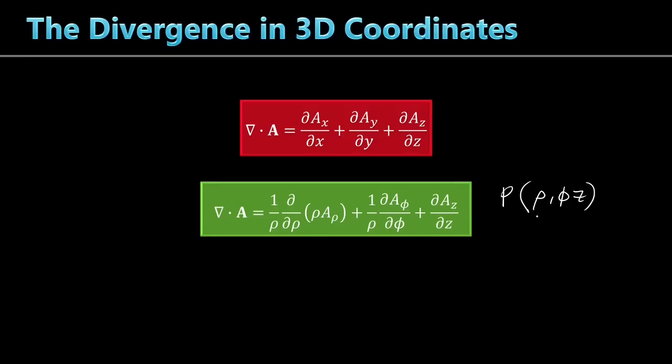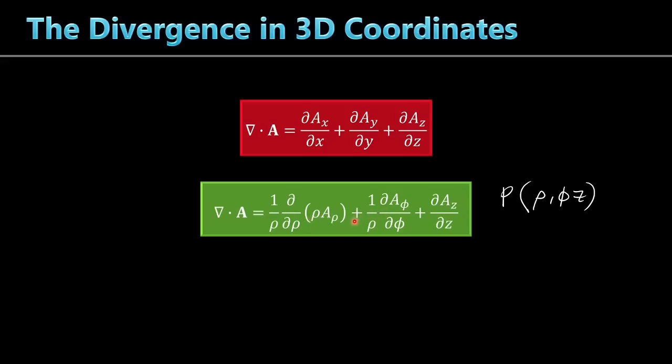So, rho is the radial distance, phi is the azimuth angle, and z is the same as the coordinate z in rectangular coordinates. So, we have 1 over rho times the partial derivative with respect to rho of rho times A rho. Ayan. So, kung dito, meron kang divisor na rho, dapat yung kukunan mo ng partial derivative, may multiplier naman na rho. O, di ba?